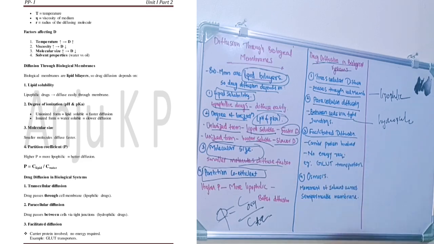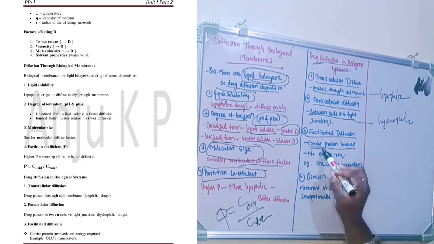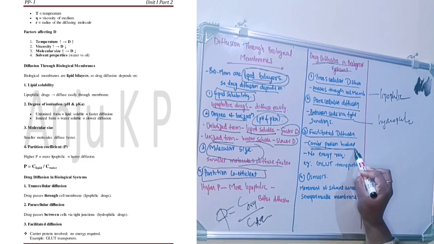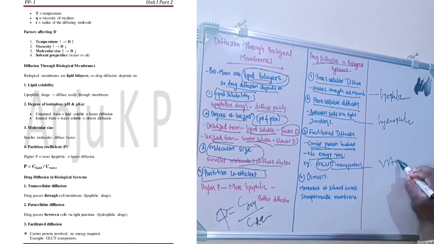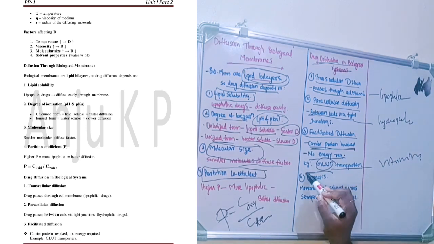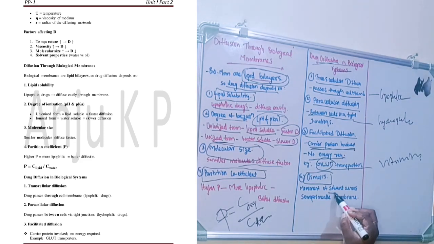Okay, now we come to facilitated diffusion. Facilitated diffusion is carrier mediated. In that, a carrier protein is involved, so no energy is required. Examples are sugar transport and vitamins. Okay, next comes osmosis. Osmosis is nothing but the movement of solvent across a semi-permeable membrane.